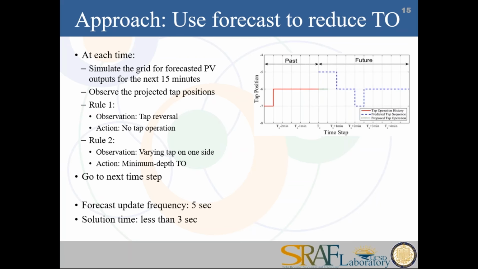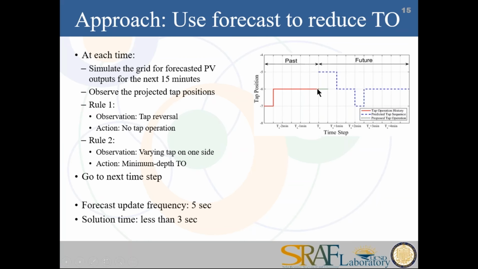So one approach is forecasting, and we can basically design some very simple rules for if we know the future state of the distribution system, is it actually recommended or necessary to even change the transformer tap, given this future knowledge. The first example here is rule 1, where we currently are at the end of the red line.